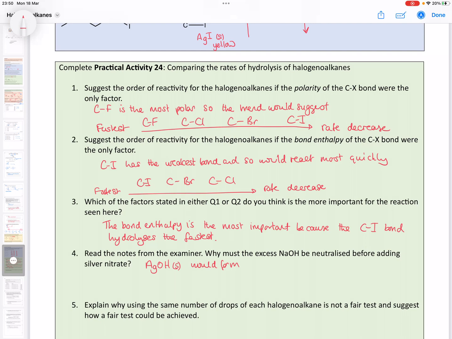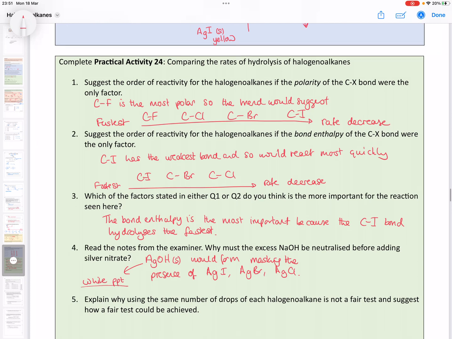So silver hydroxide would form, masking the presence of the silver iodide, silver bromide and silver chloride. Just for your information, silver hydroxide is a white precipitate, the perfect thing to hide the presence of the other precipitates.